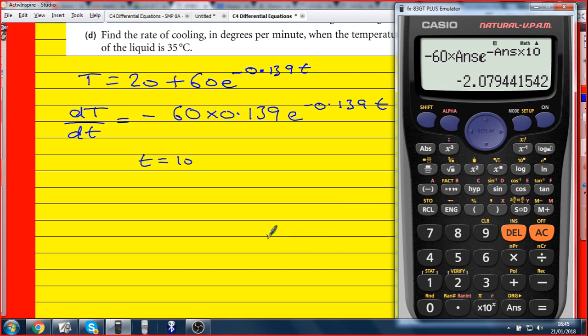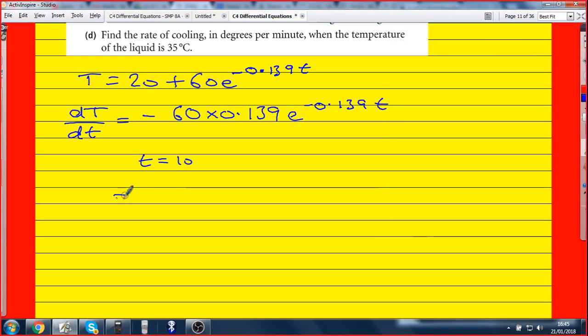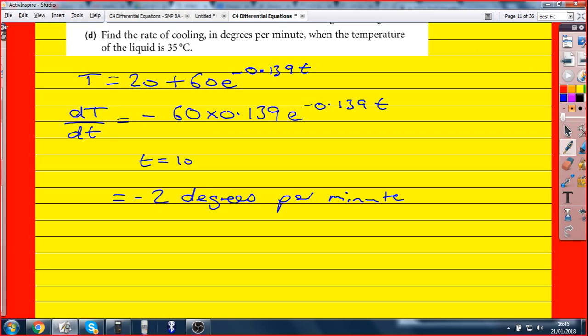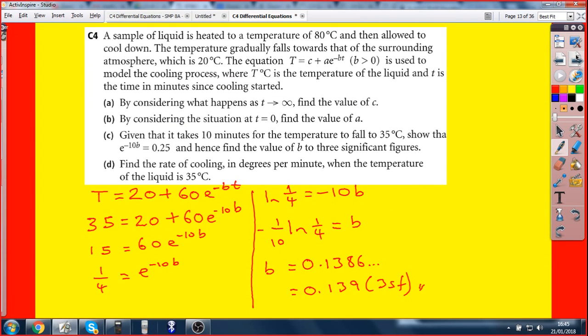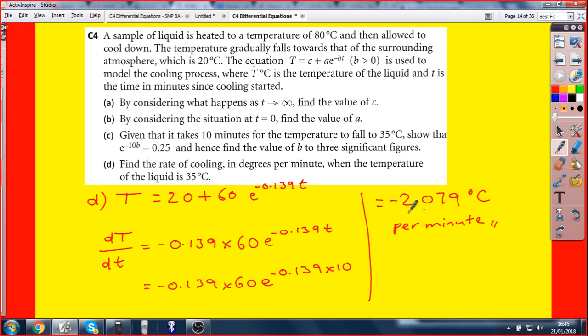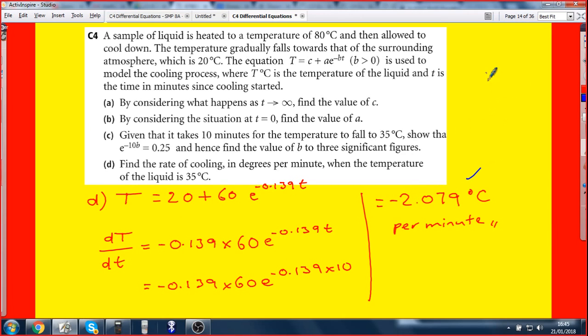So the rate is, let's say, minus 2 degrees, whatever, per minute. Okay, 60, 0.139, and then minus 2.079 per minute. Yeah, any questions there?